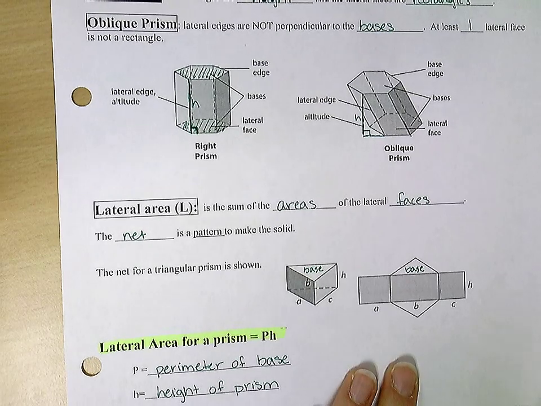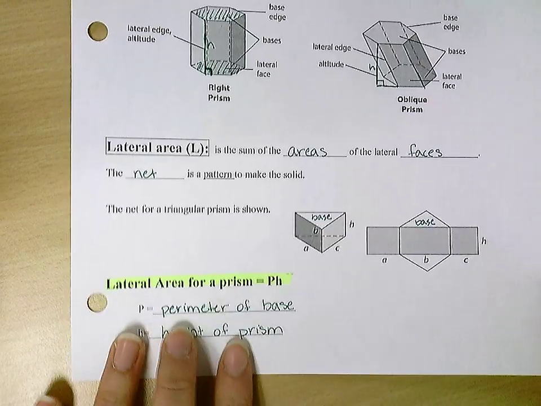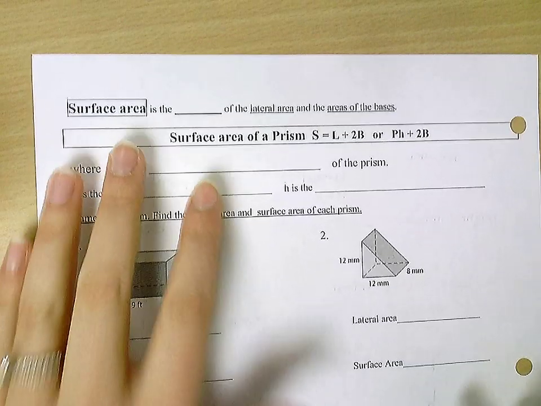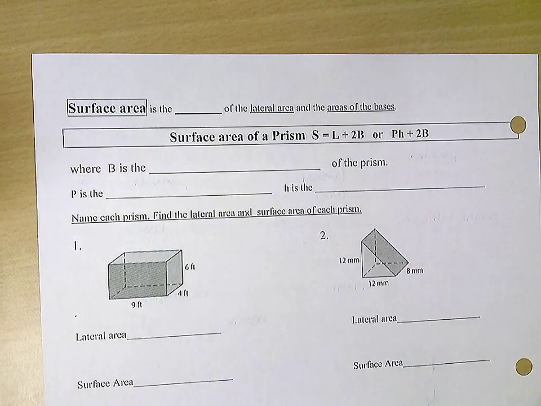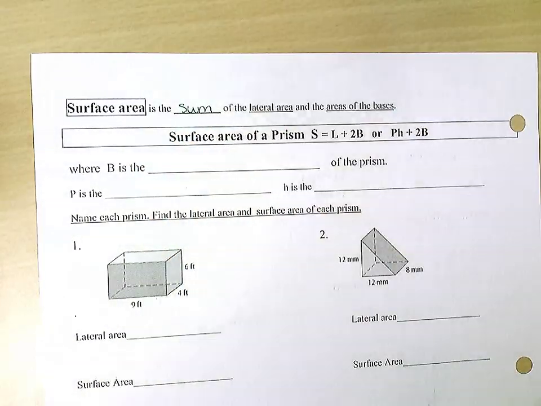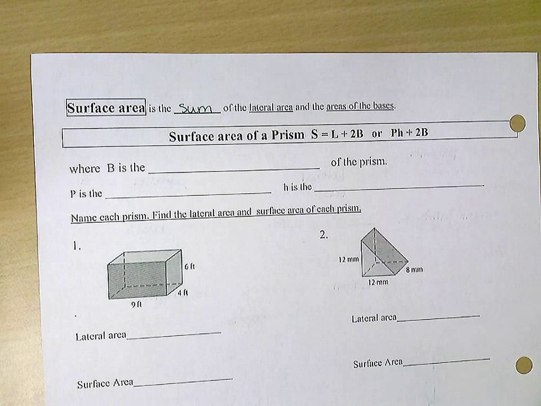So then on the next page, that was lateral area. We also have surface area. Surface area is the sum of the lateral area and the areas of the bases. We found out how to find lateral area. It's P times H. Then we also need to add on both bases.